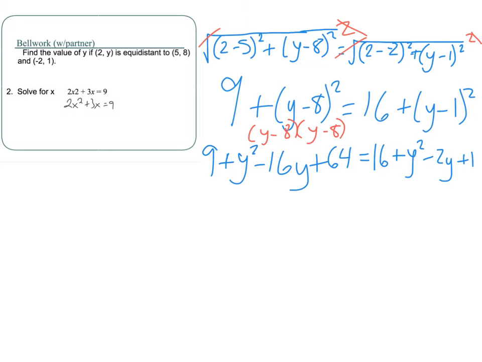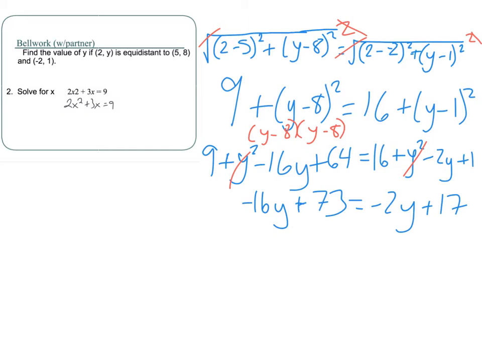So what's going to happen here is my y squareds are going to cancel out on each side, right? And I'm going to combine some like terms. 64 and 9 gives me 73, so negative 16y plus 73 equals, then I'm going to have negative 2y plus 17.